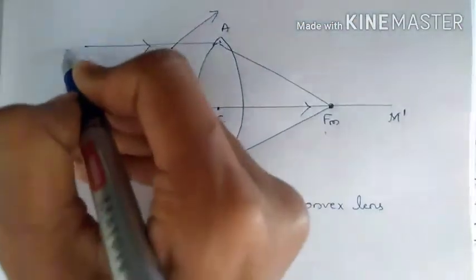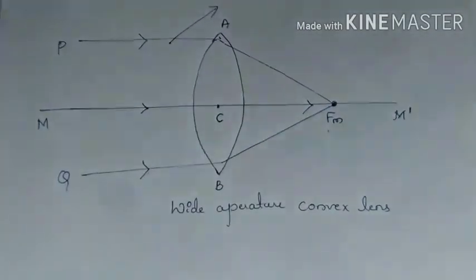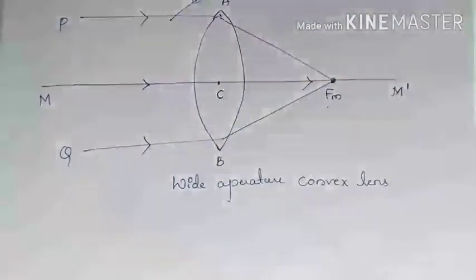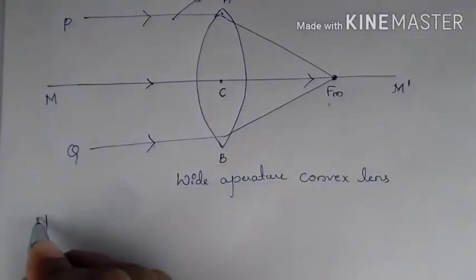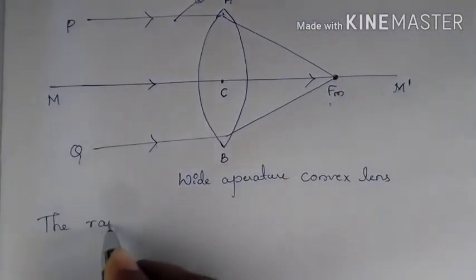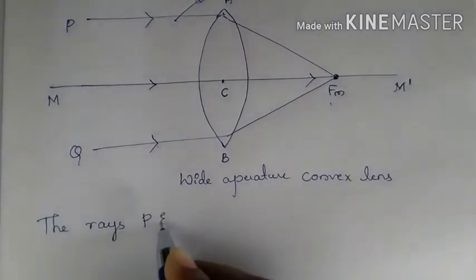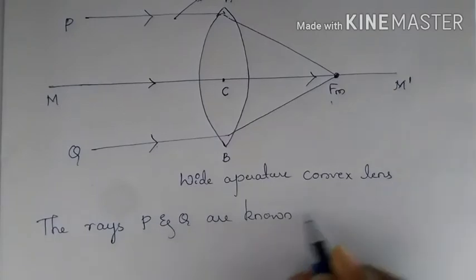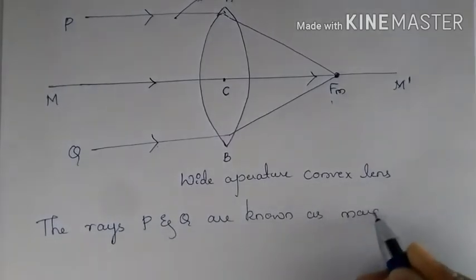These two rays, P and Q, are known as marginal rays.